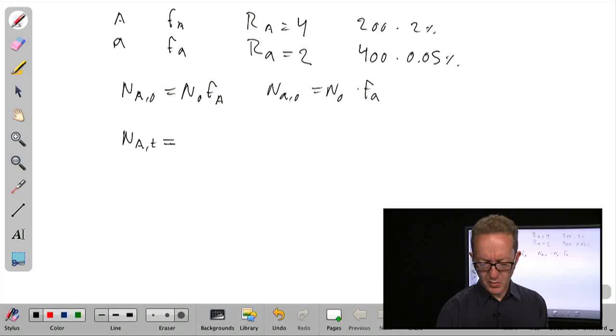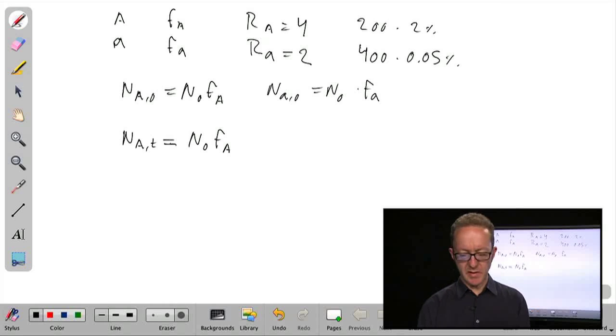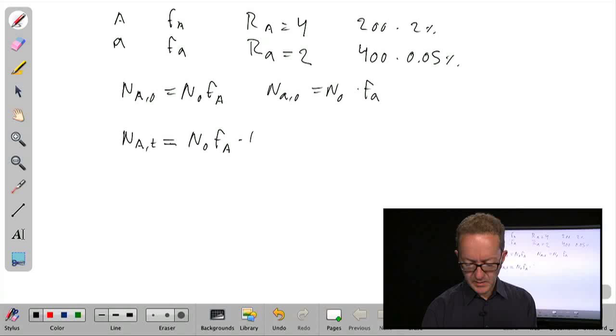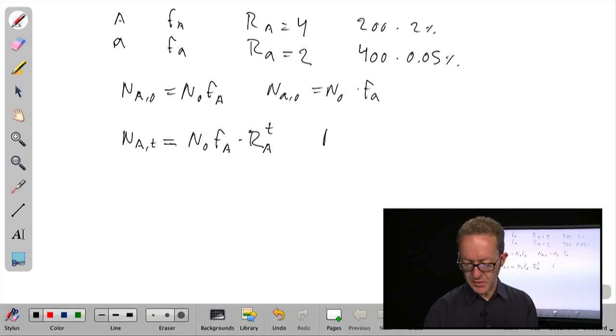we know from before that the number of individuals after t generations is the same as the number of individuals at time point 0, that's this, times the per capita growth rate to the t. In this case, that's specific for each individual allele. They have different absolute fitnesses.